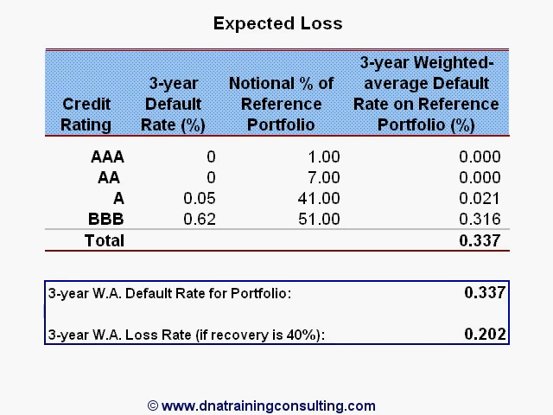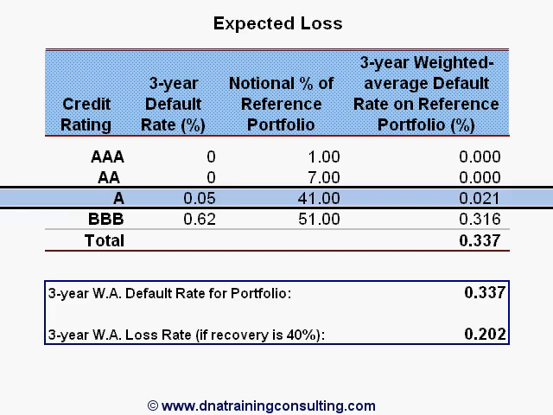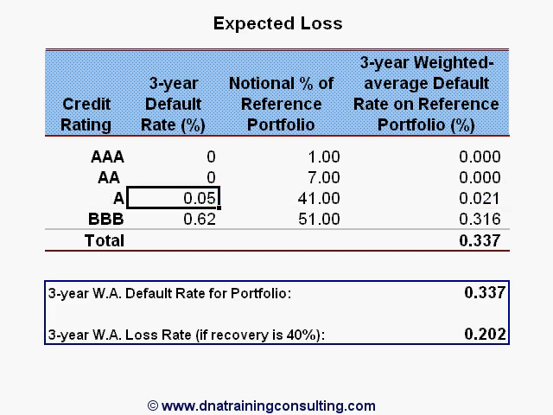We now illustrate the calculation of the portfolio's expected loss. These calculations are not difficult. Taking, for example, the single A category, the calculation involves the multiplication of the 3-year default probability associated with this category by the portfolio percentage that this category represents.